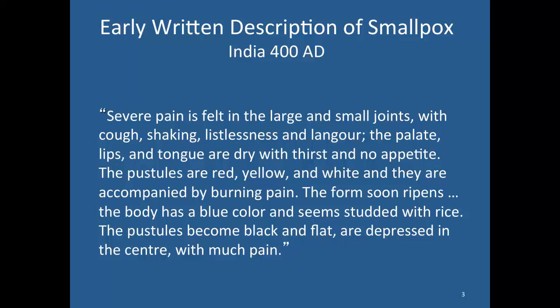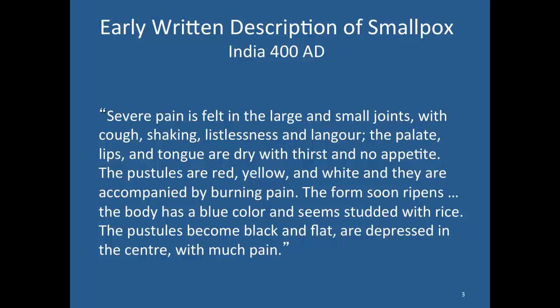It's been described in India: severe pain is felt in large and small joints, with cough, shaking, listlessness, and languor. The palate, lips, and tongue are dry, and there's thirst and no appetite. That's a very generic definition of the disease. What separates it are these pustules of red, yellow, and white that are accompanied by burning pain.